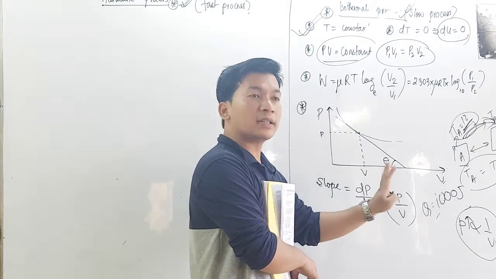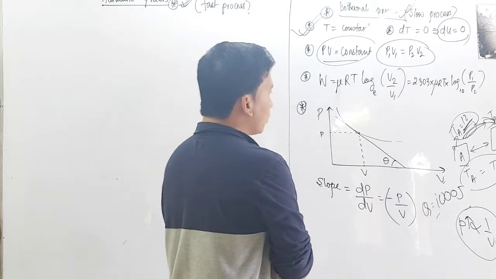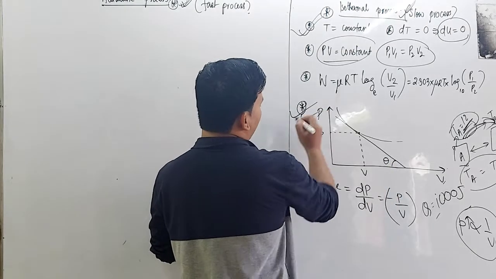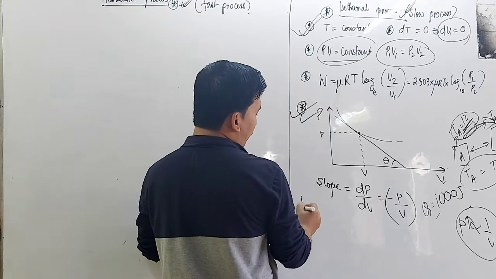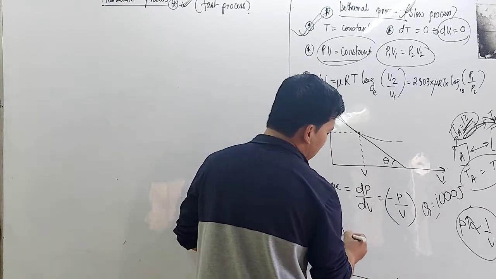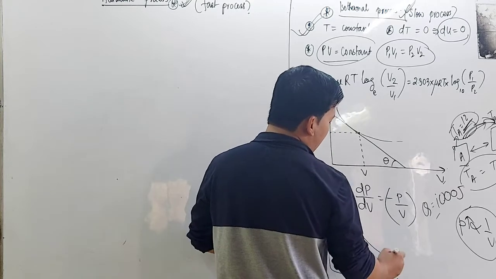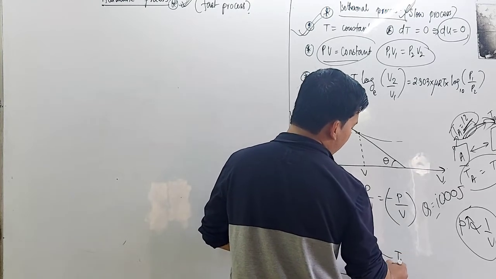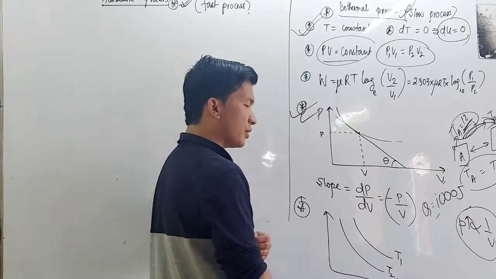Understood? Now the second very important point: if we compare isothermals, this is the isothermal curve at temperature T1, and this is the isothermal curve at temperature T2.